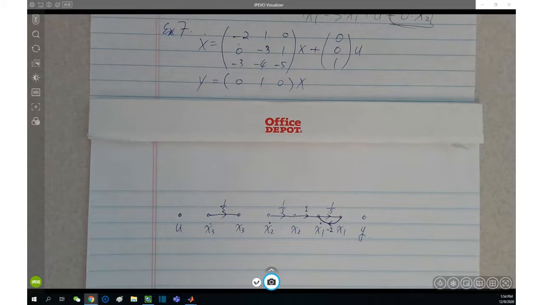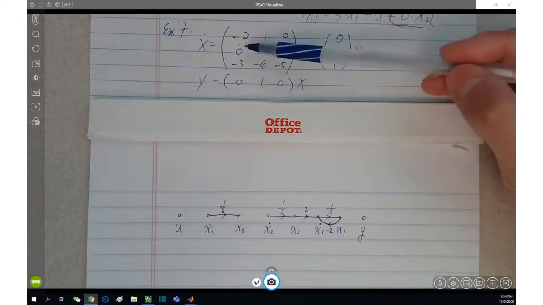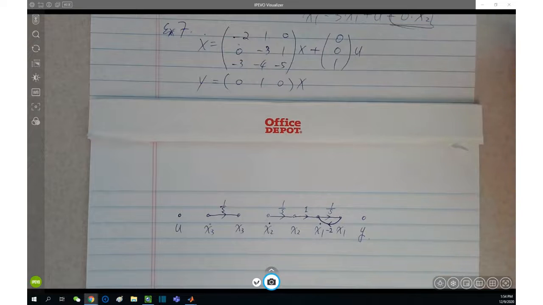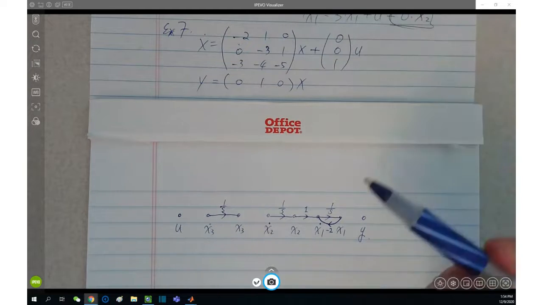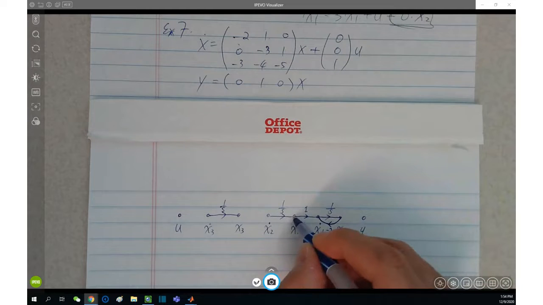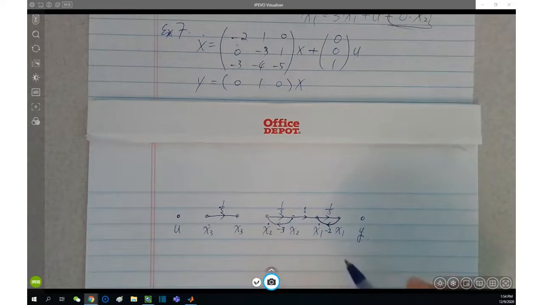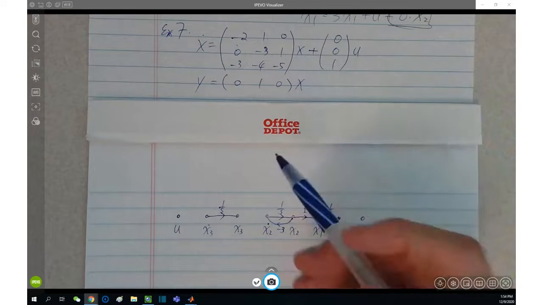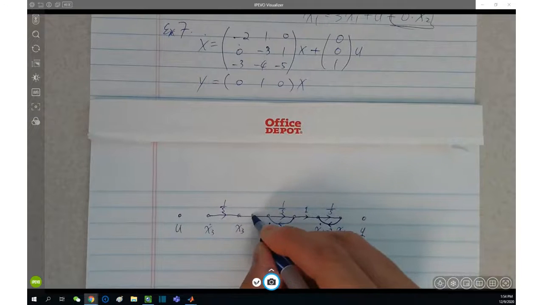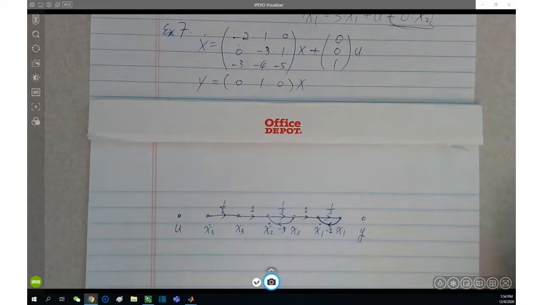Okay. And this is the first equation. The second equation is x2 dot equals 0 contribution from x1, and -3 from x2, and 1 from x3.